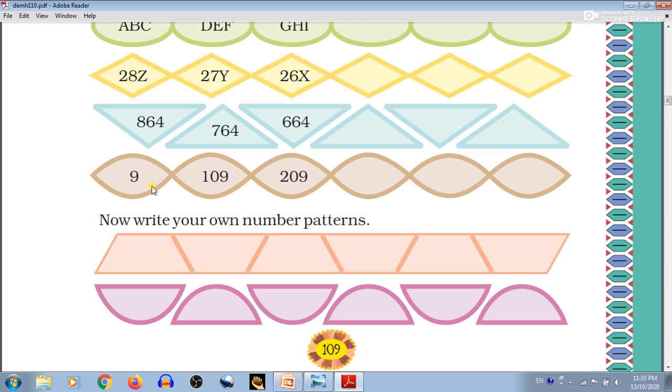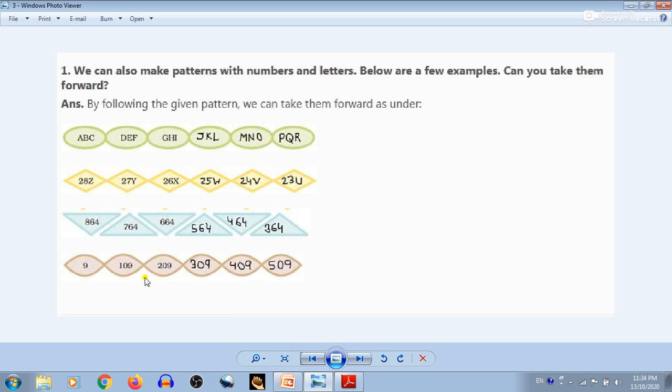In each number, 9 occurs at the last. Similarly here also we will have 9 at the last. So the answer is 109, 209, 309, 409, 509.